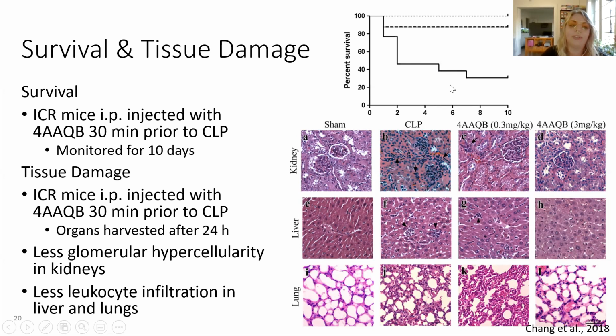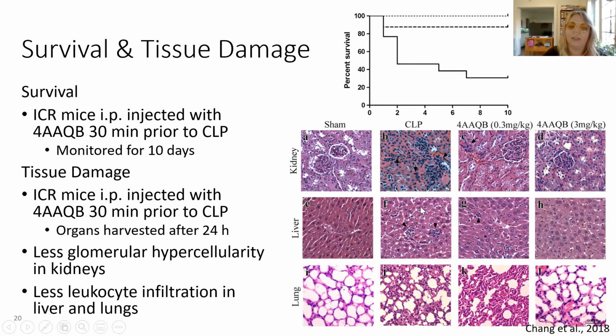And so then for the tissue damage, they pre-treated the mice again with an IP injection of 4-AQB for 30 minutes prior to the CLP, and looked at histological damage 24 hours post-operation. And they found that the treated mice displayed less glomerular hypercellularity in their kidneys, which is characterized by an increase in the number of nuclei in response to infection, like you can see here in the CLP kidney, and how that goes away with treatment.